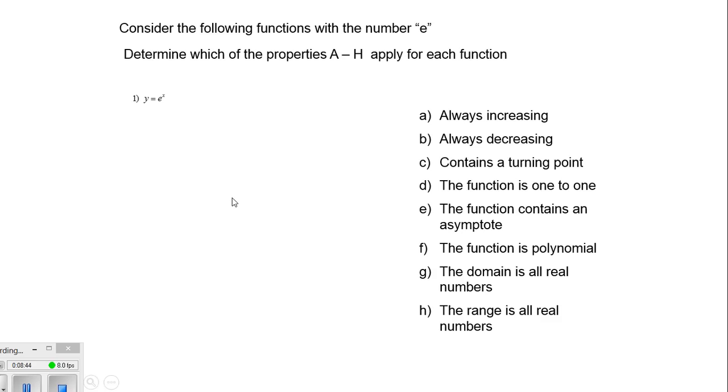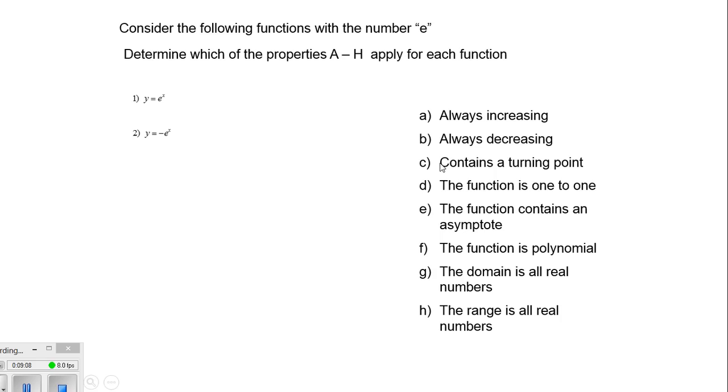Does the function contain an asymptote? Yes, it's an exponential function, certainly not a polynomial function. And the domain is everything, all the real numbers, and the range is just the positives. You should just envision that y equals negative e to the x is just a flip across the x-axis.